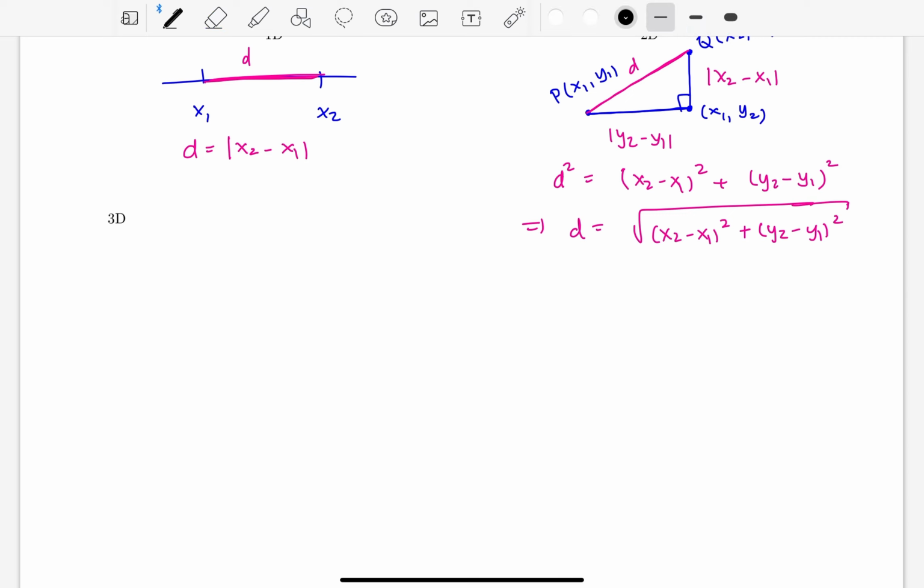Now in 3D, it's going to be interesting how at the end of the day we end up getting a formula that makes so much sense, but the actual proof is not so trivial, okay?